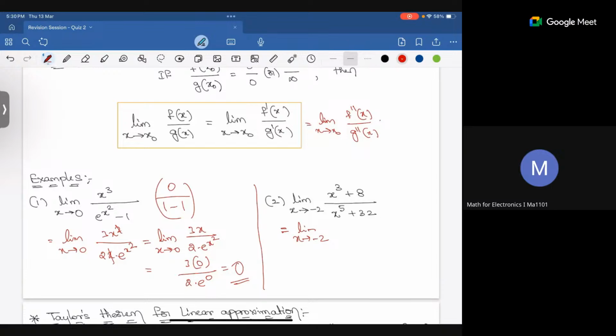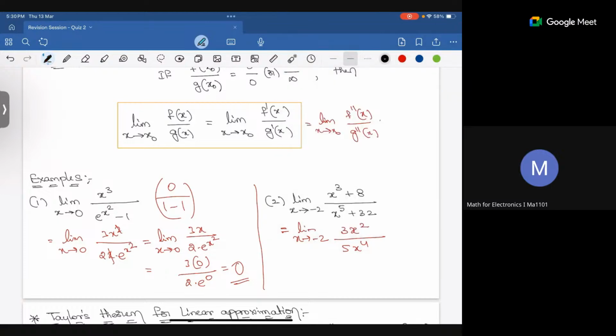Right? So minus 8 plus 8 becomes 0 and minus 32 plus 32 becomes 0. So you'll get 0 by 0. You can use L'Hopital. So this will become 3x square divided by 5x power 4. Right? I can use L'Hopital once and I will get this.